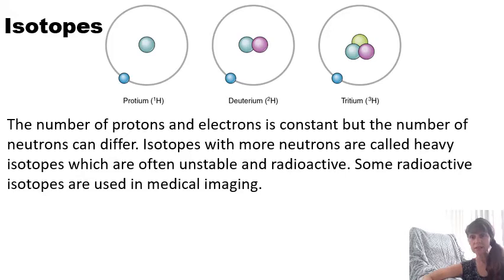However, there are times that the number of neutrons may vary within an element, forming what are known as isotopes. Isotopes with more neutrons than are normally found are referred to as heavy isotopes, which are considered to be unstable and therefore radioactive. Some radioactive isotopes are used in medical imaging.